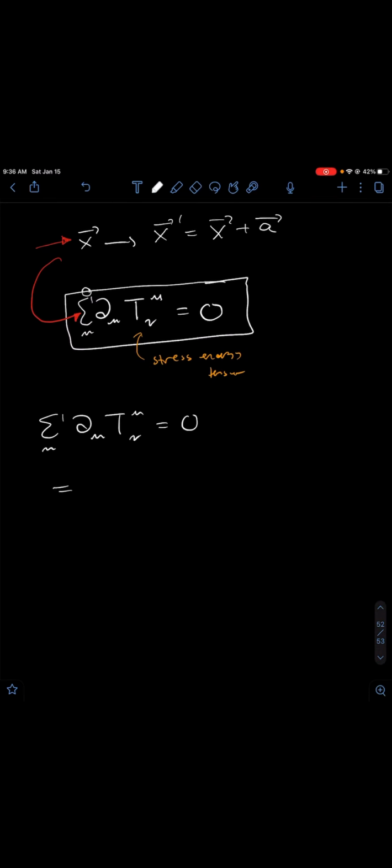So we can just expand this to get partial naught T naught nu minus partial I T I nu equals 0.